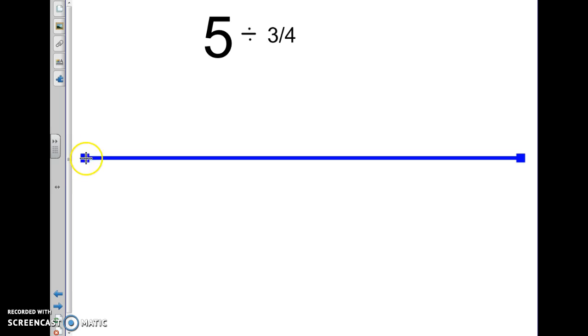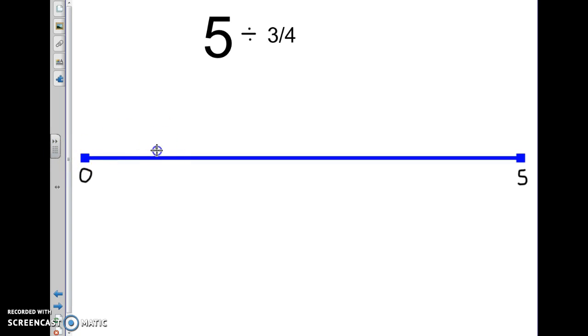So first off, I'm always starting here at 0 with this number line, and it's going to go all the way to whatever my dividend is, which is 5. Then I'm going to divide this up into 5 parts, going from 0 to 5 by whole numbers, by ones.